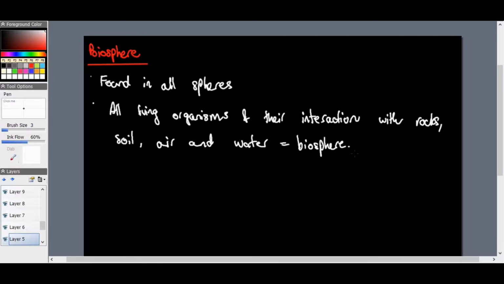Now you can find living things in the lithosphere. For example, in the soil and the rocks that cover the land. Therefore, the biosphere is also part of the lithosphere. You can find living things such as fish in the hydrosphere, both in fresh water and in the seawater. Therefore, the biosphere also exists and is a part of the hydrosphere.